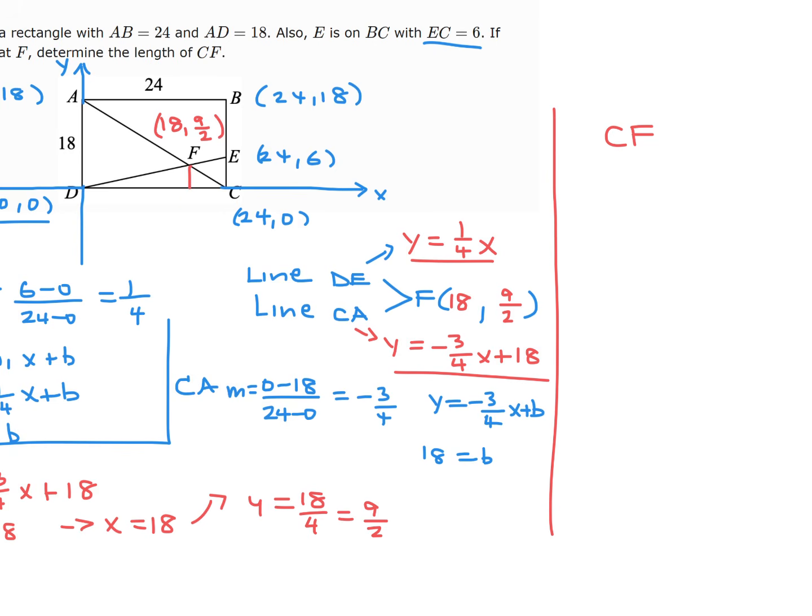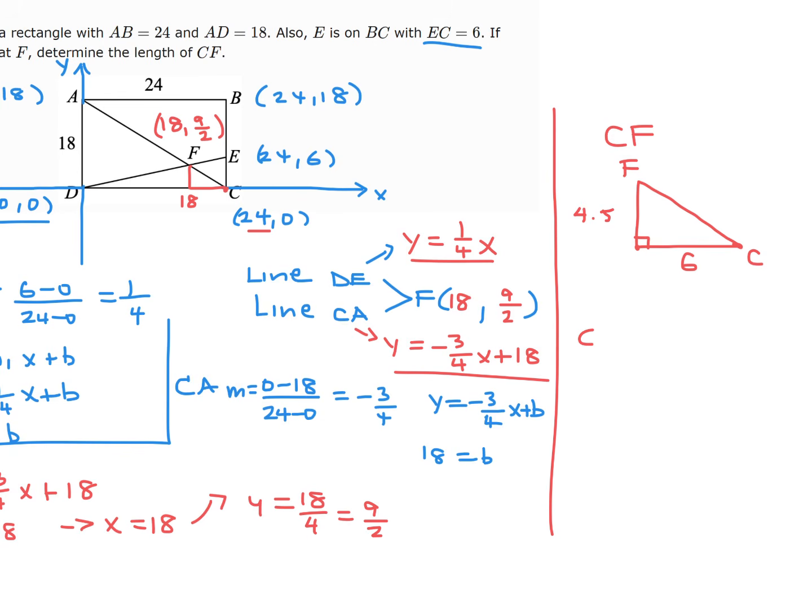So 18 is this point, and then this point here is 24, so this is 6 right there. Let me draw that triangle here, because the diagram's getting a little messy. So this is 18 and this is 24, so this is 6 in terms of its length, and that's the horizontal length. And then the vertical length of CF, that triangle at least, is what? It would be the y coordinate of F, which is 9 over 2, which is 4.5. Okay, gotta make sure I do that right.